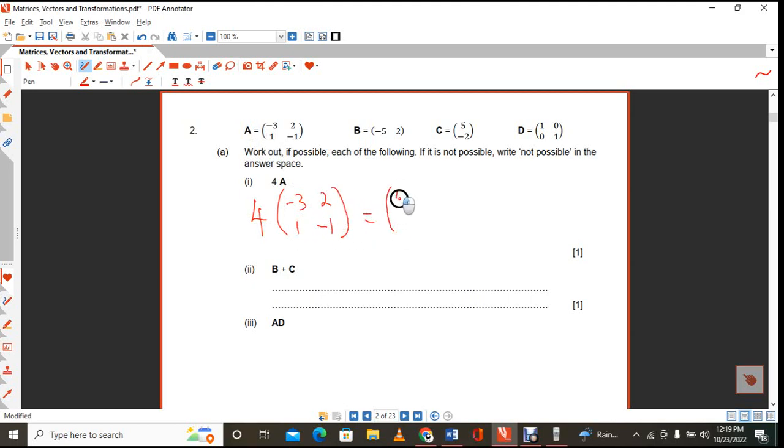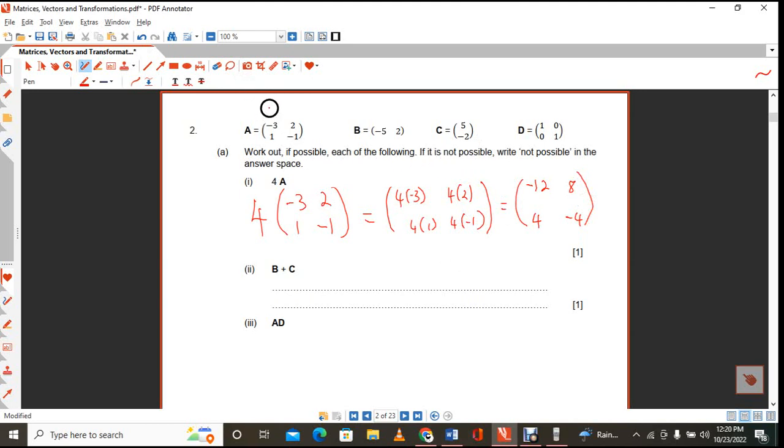So that's 4 times negative 3, 4 times 2, 4 times 1, and 4 times negative 1. Eventually, this gives you negative 12, 8, 4, and negative 4. They say work out if possible.